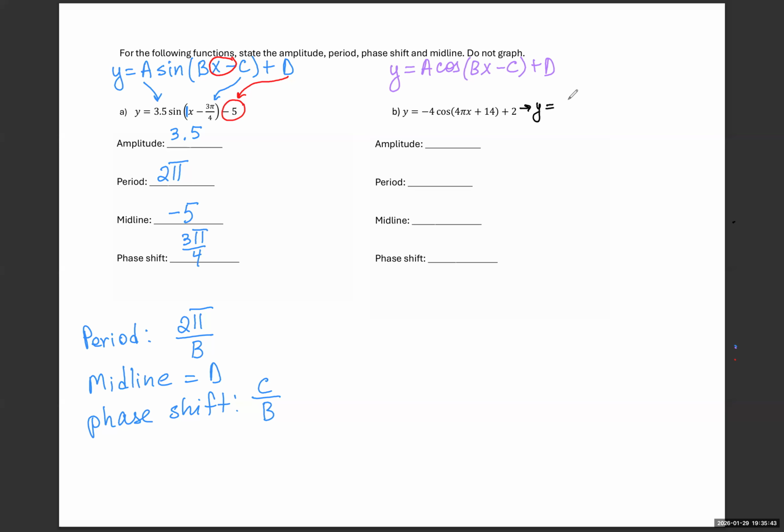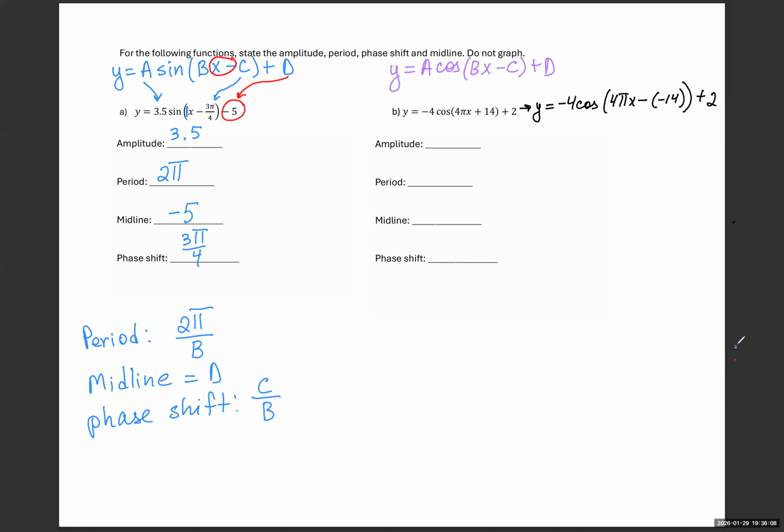So y equals negative 4 cosine of 4 pi times x minus negative 14, and then plus 2. So this way, our sign inside the parenthesis actually matches our sign in the formula, and we clearly see that c is negative here.